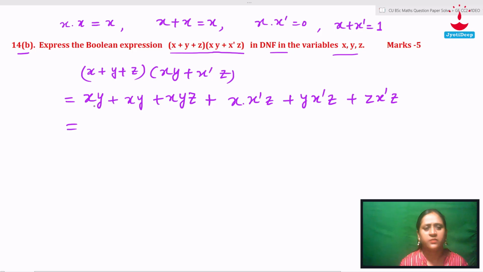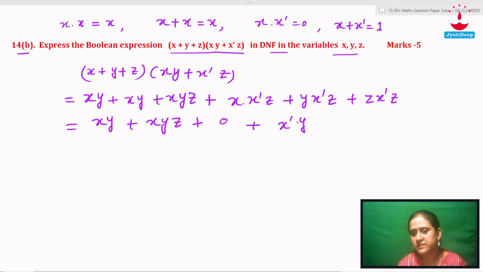So xy plus xy is not 2xy, it is xy, x plus x is x, plus xyz. Now x into x dash is 0.